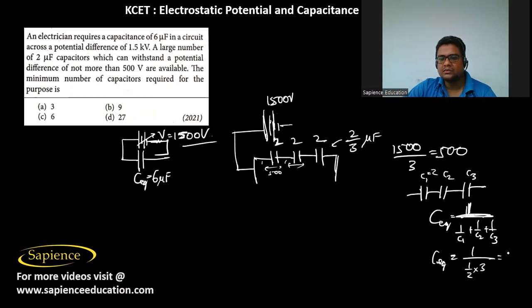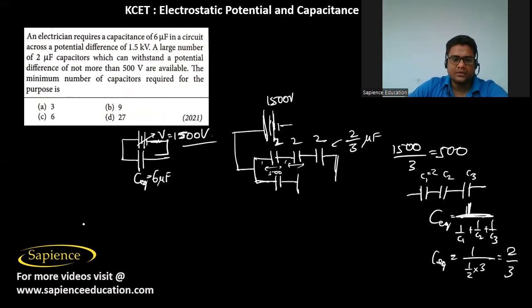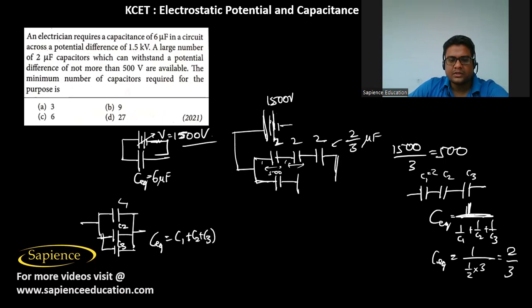So it is 1 by 3 by 2, so it is 2 by 3 microfarad. And so here we have to form 6 microfarad as the equivalent capacitance. So we know that if suppose three capacitors are connected in parallel, then the equivalent capacitance is obviously given as the sum of them.